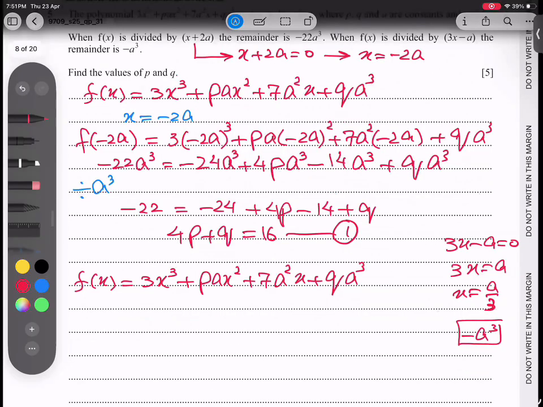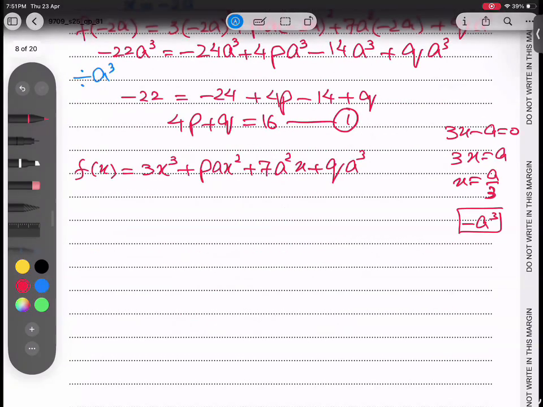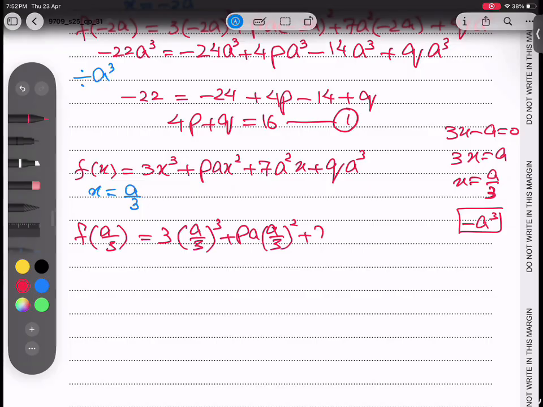Okay, so let's try to do it. I'm replacing every x by a by 3, a by 3 cube, a by 3 square, and a by 3.